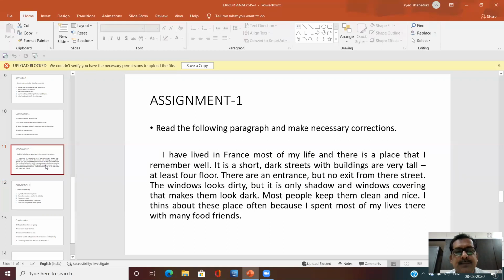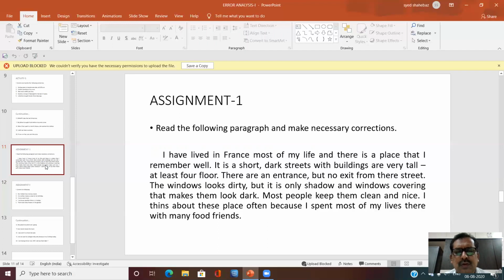I have lived in France most of my life, and there is a place that I remember well. It is a short, dark streets. Buildings are very tall, at least 4 floors. There are an entrance, but no exit from their street.